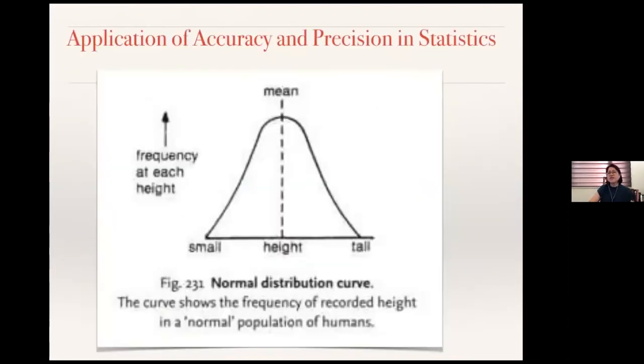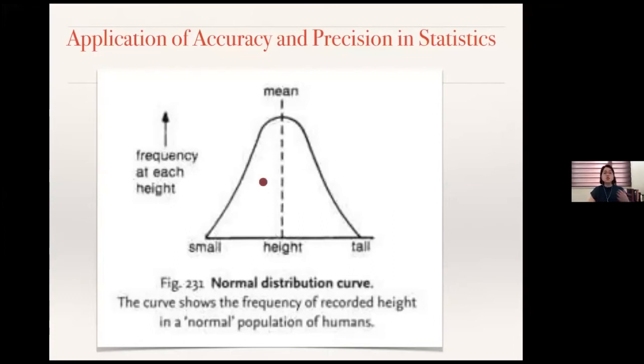In the context of statistics, for example, this is the normal distribution curve or the bell curve for height among all people all over the world. So you would expect that on the right side, wherein you have the tall people, you probably have the Caucasians there, whereas us Filipinos will be somewhere here on the left side. So let's say this red dot is the true estimate.